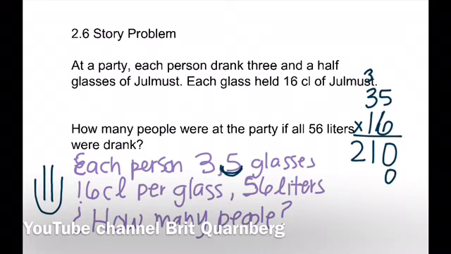Placeholder, because we're really multiplying by 10, right? By this 1 means 10. 1 times 5 is 5. 1 times 3 is 3. Add those up. 0, 6, 5, and then put the decimal back in. Boom.